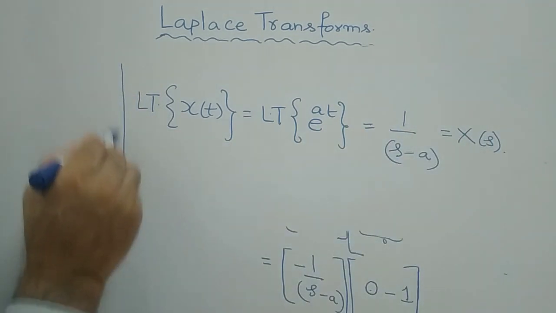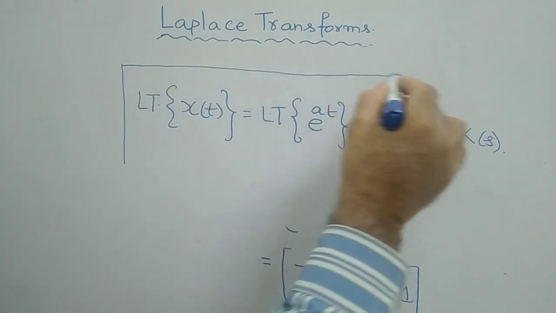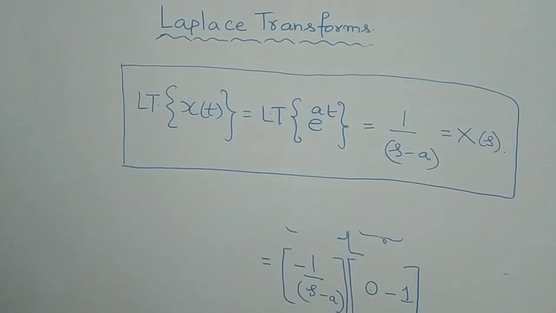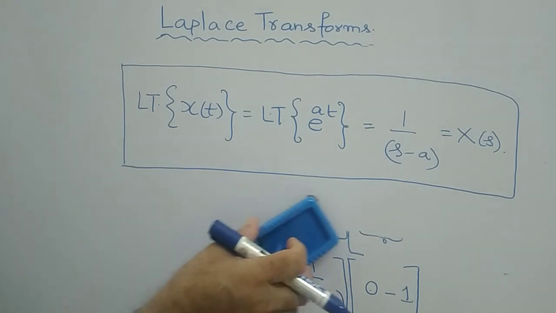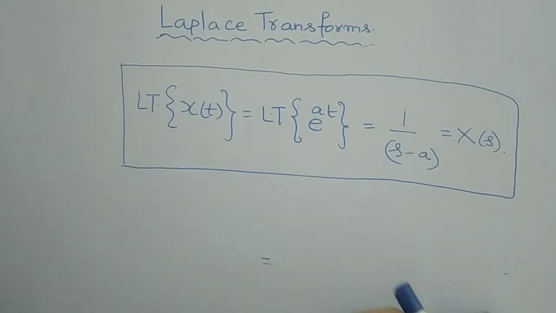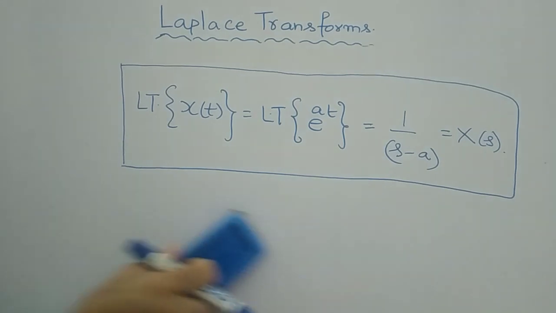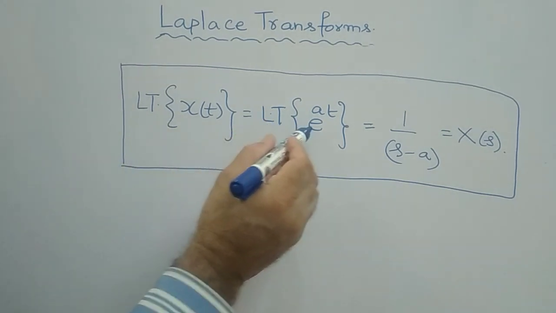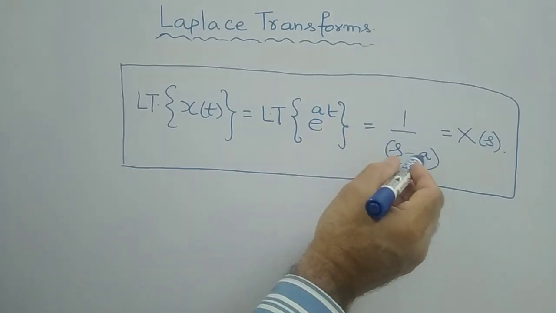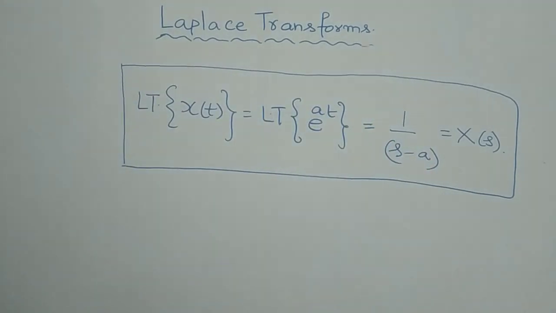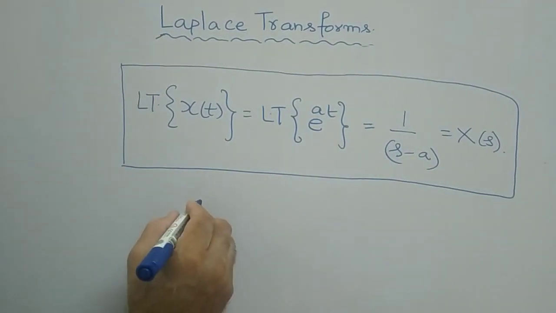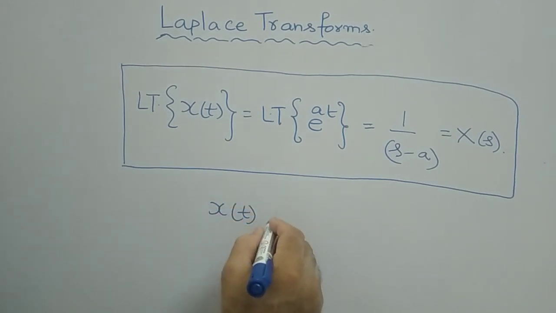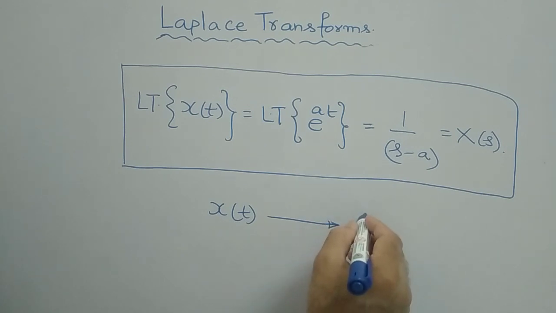Put it in the bracket. Right? So likewise you have to solve it. It is a very simple thing only, right? Clear? Therefore the Laplace transformation of e power a t gives rise to 1 by s minus a. Therefore the x of t will be transformed as x of s.